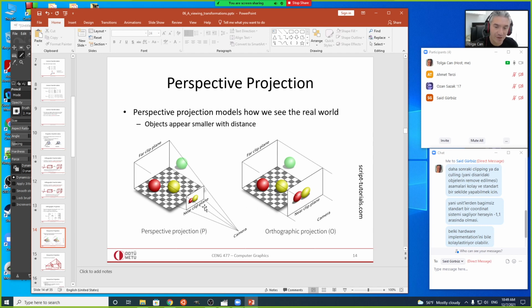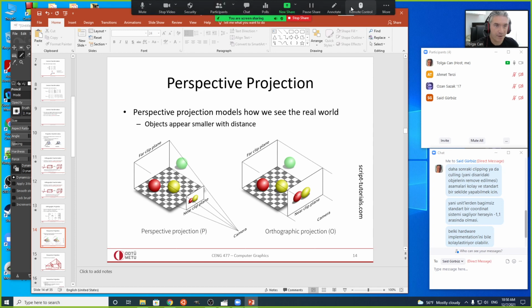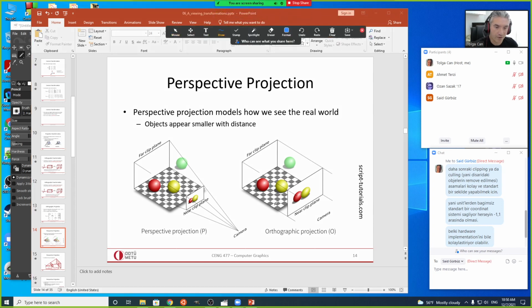I just wanted to remind you that for this image on the left, although the near clip plane is small here, the image sizes will be the same if the resolutions of these two cameras are the same.